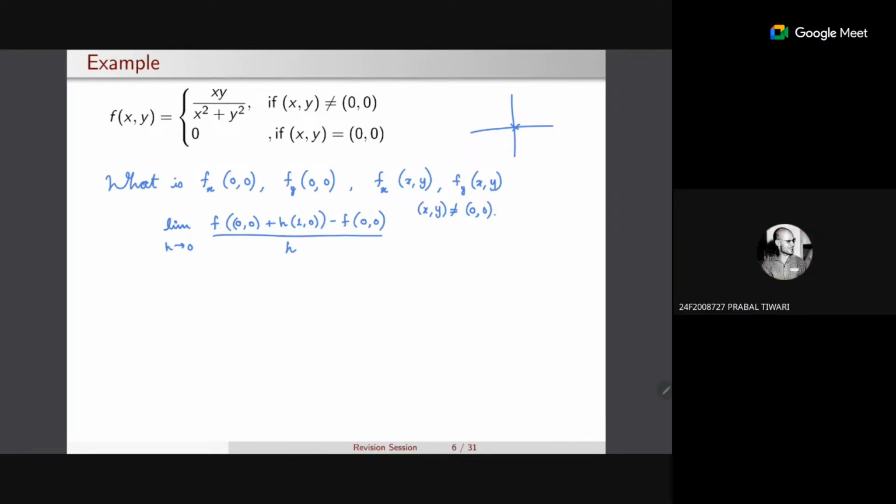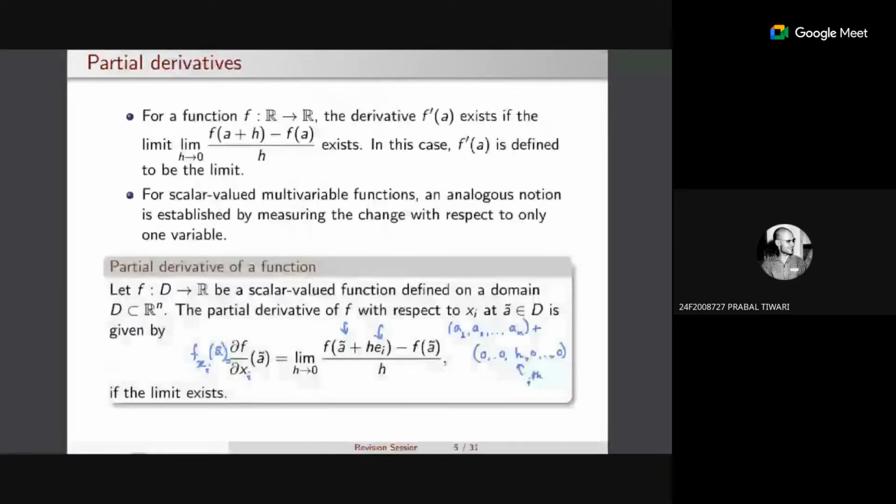Sir, why do you take 1 comma 0? So fx means it is fx1. Here we don't write x1 to xn; we write x and y just because it's two variables. In general, we write x1 to xn. With respect to xi, it is a tilde plus h ei.